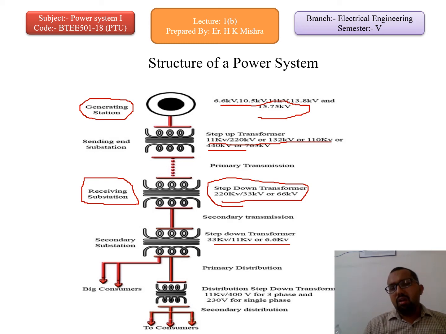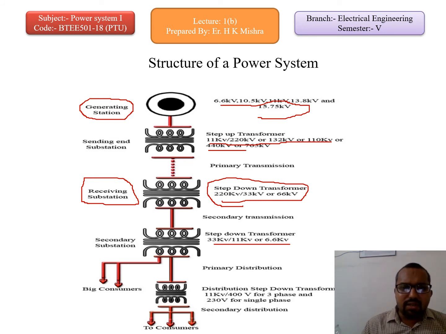In India, for small industry we have 33 kV substations where we can again step down the voltage from 33 kV to 11 kV, and that 11 kV is transmitted to the local area for further distribution.